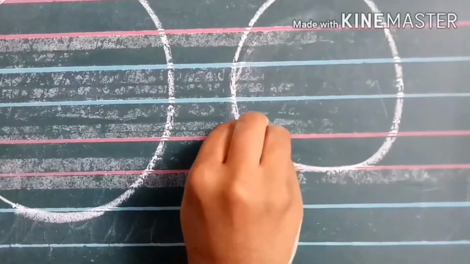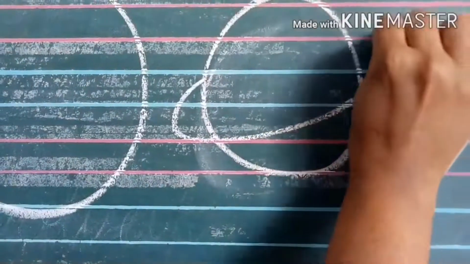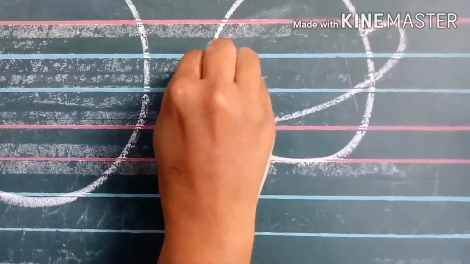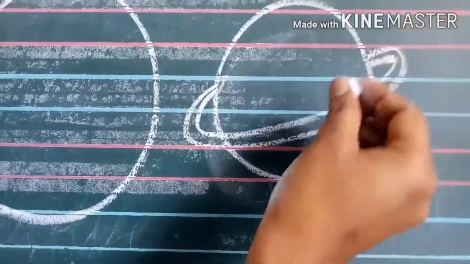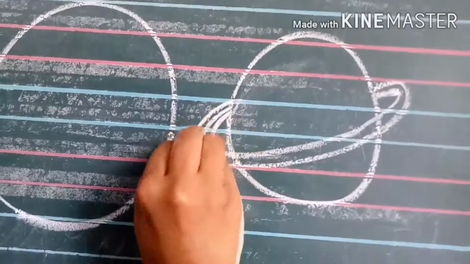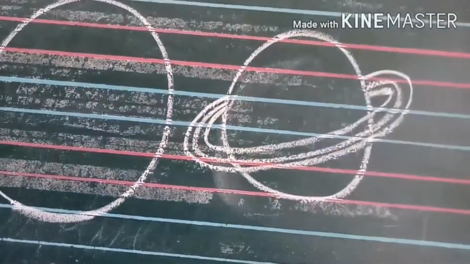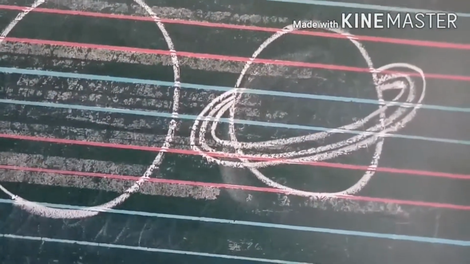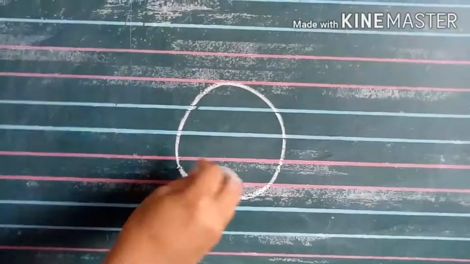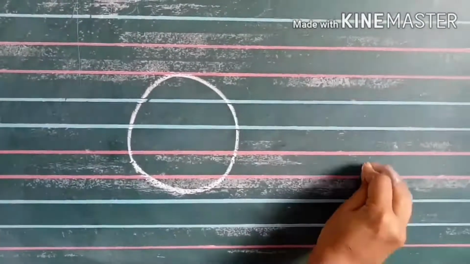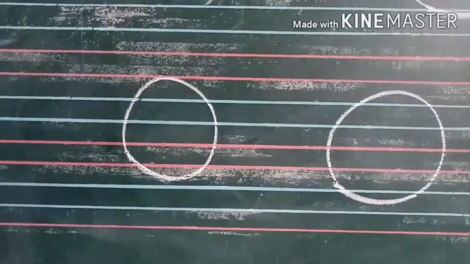Now draw a circle and also rings around it. To draw the rings, you have to draw lines just like that. Right, children? Next, you should draw a small circle and one more. That's all, children.